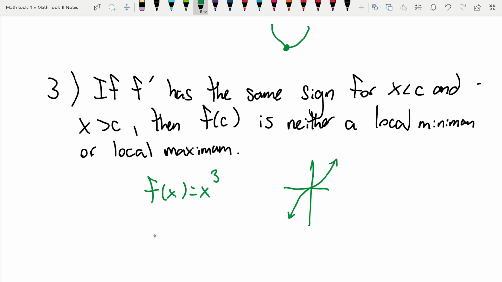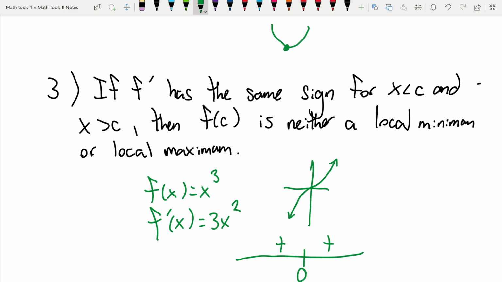That's x cubed. The derivative, f prime of x, is 3x squared. 3x squared is a quadratic centered with vertex at the origin. So if we made a sign chart for this, it would have 0 as its only 0, and it's positive on both sides of it. So here, this is neither a minimum or a maximum.